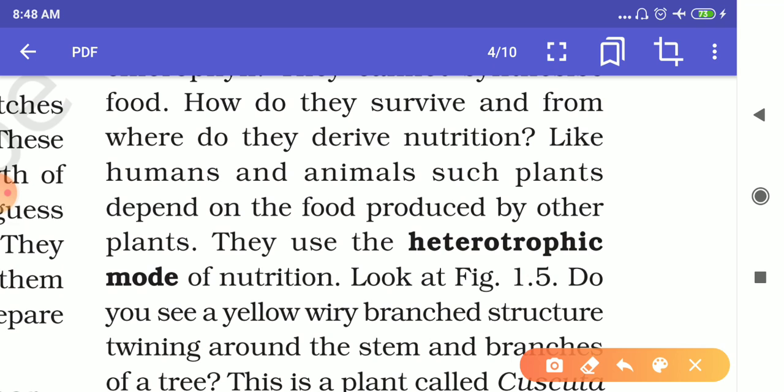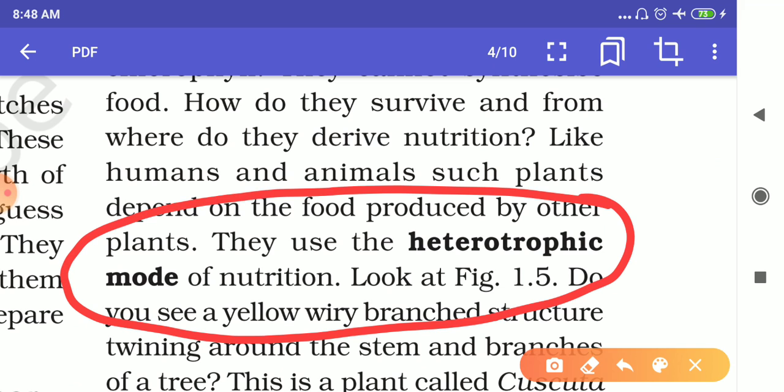Today we will discuss the heterotrophic mode of nutrition in detail. What is heterotrophic nutrition? It is the mode of nutrition in which organisms cannot prepare their own food and are dependent on plants and animals for their food.